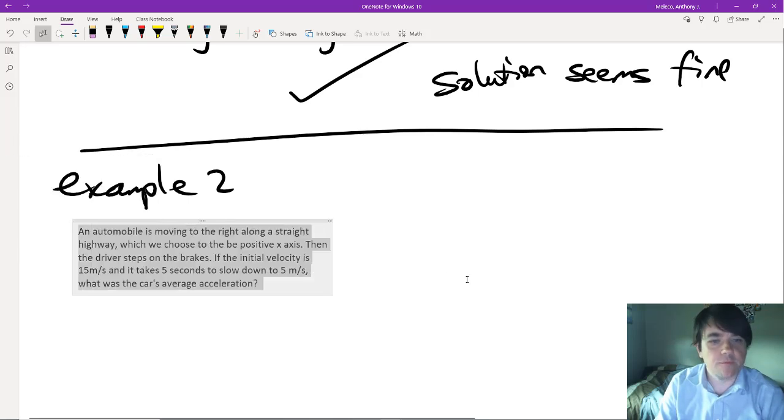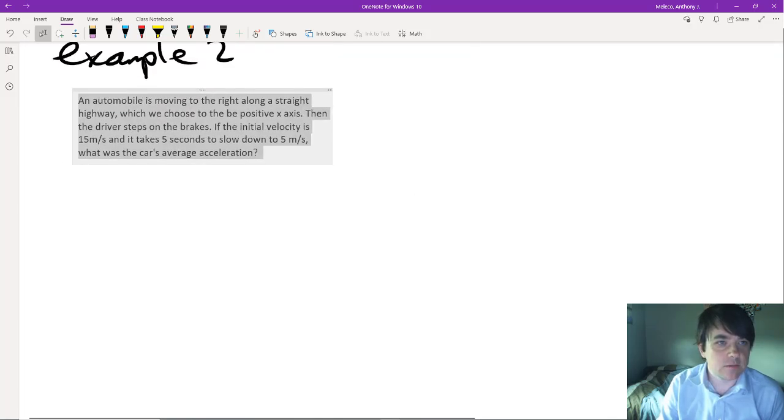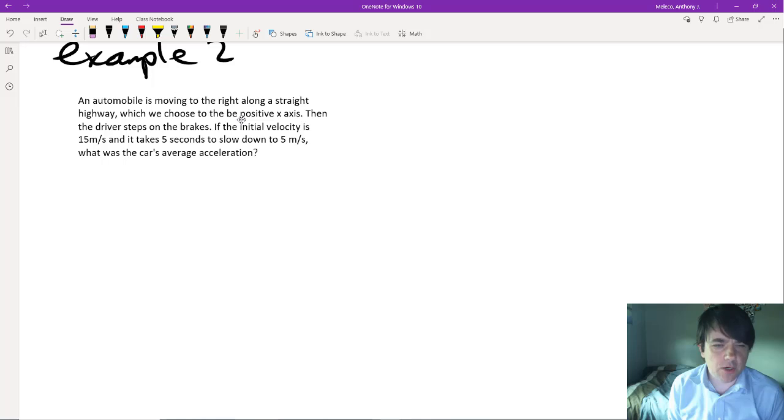An automobile is moving to the right along a straight highway, which we choose to be the positive x-axis. Okay? And it says, then the driver steps on the brakes. If the initial velocity is 15 meters per second and it takes 5 seconds to slow down to 5 meters per second, what was the car's average acceleration?